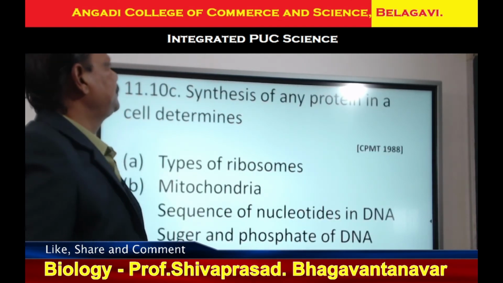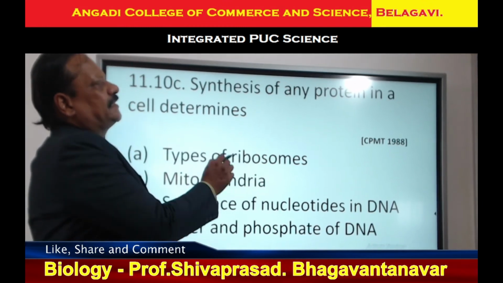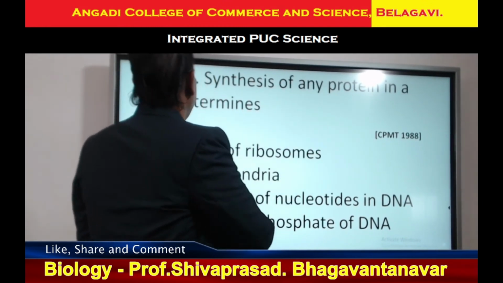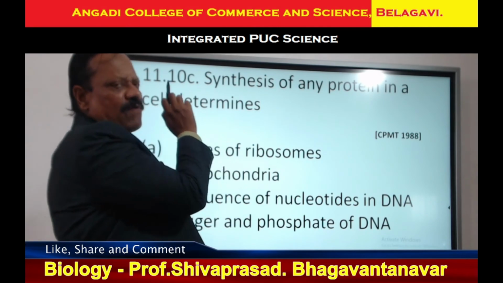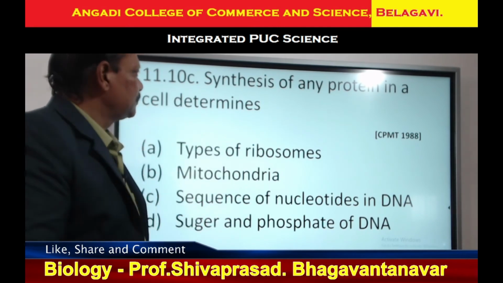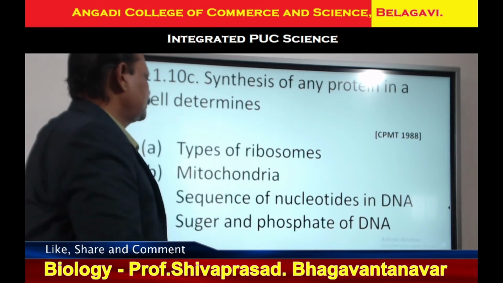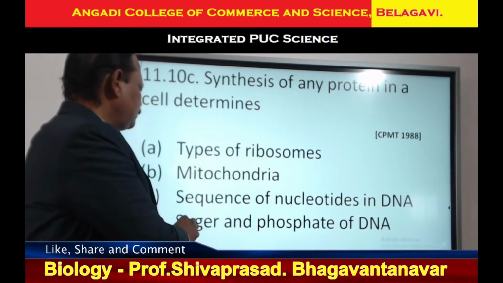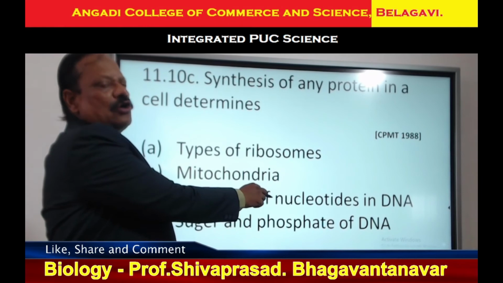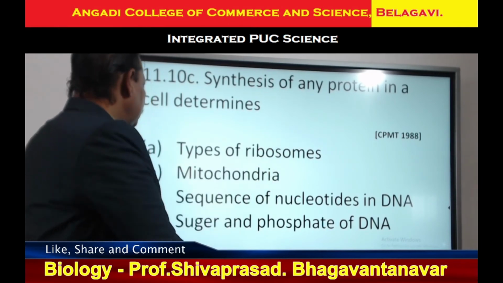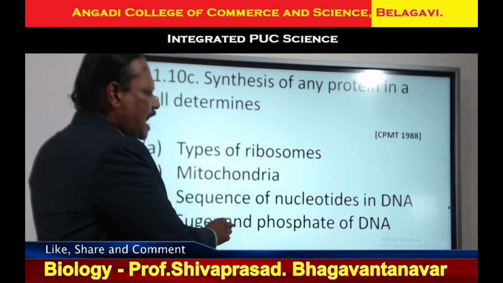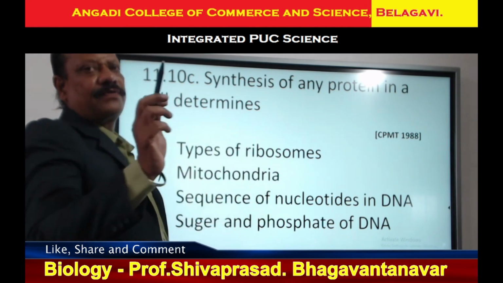Now see here, synthesis of any protein in a cell determines. Okay, so types of ribosomes, mitochondria, sequence of nucleotides in DNA, then sugar and phosphate of DNA.